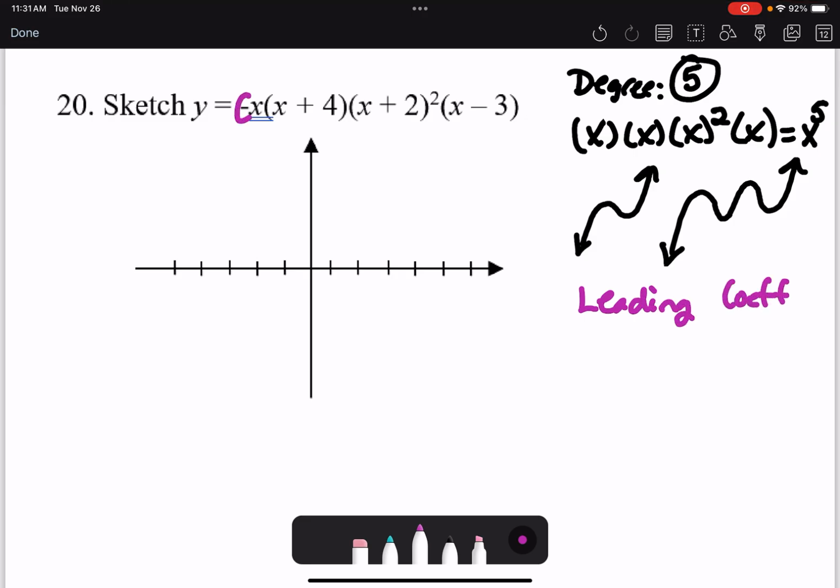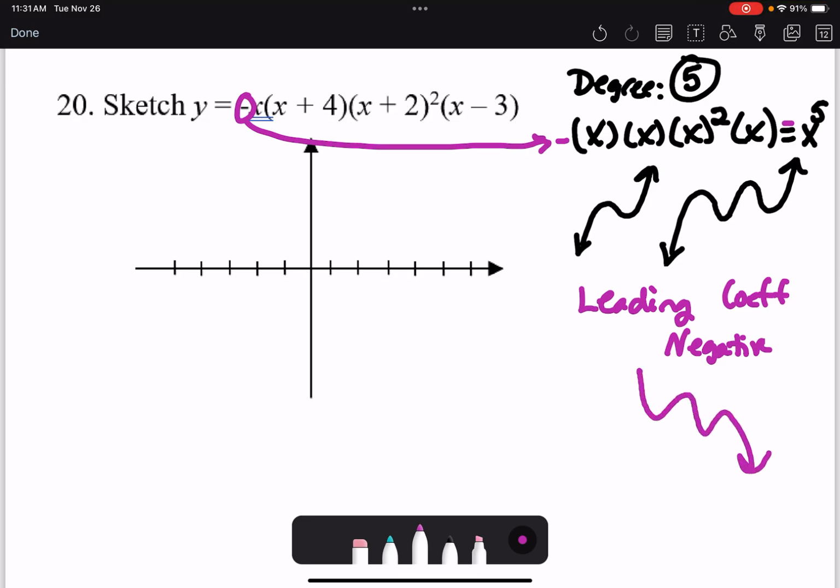This has a negative right here, for this x right there, which would ultimately make that negative. So my leading coefficient is negative, which means I am now reversed. So what I thought I was doing, now I'm going to reverse it, and I'm going to have something like this. I don't have to have all of those bumps in there, but something with that shape. The key here is the end behavior, what's going on at the ends.